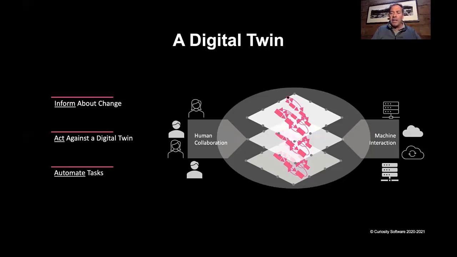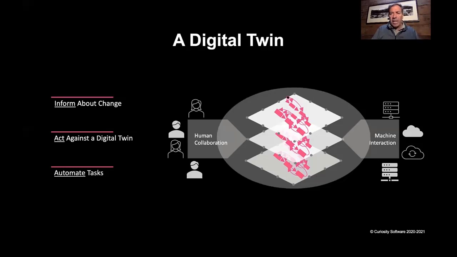We cannot continue relying on dashboards to provide us information. These are passive. What we need is information to land and inform our humans to take the action as required. The second thing is act.